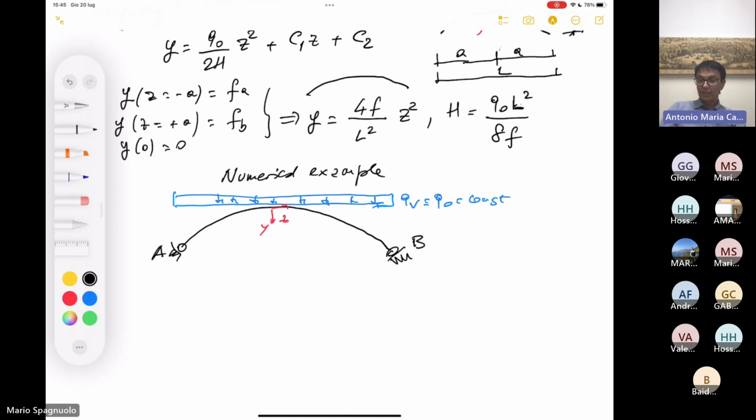And this structure is statically indeterminate, and so we need a way. We can solve the elastic problem. We can integrate the differential equations of equilibrium and compatibility equations, but this will be rather cumbersome. So what we do is we use, actually I don't know the name of the method in English at the moment.